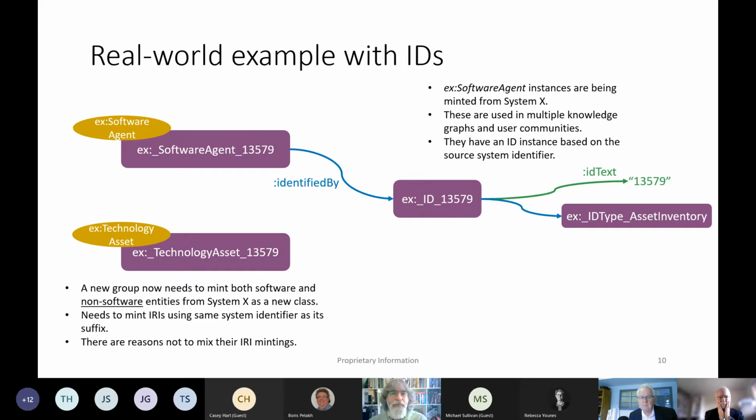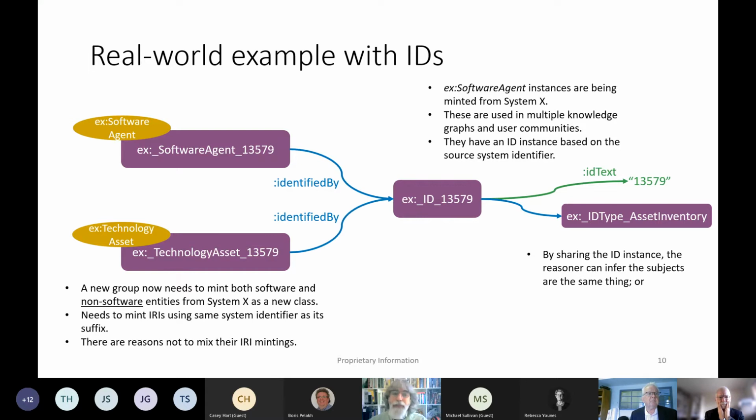Are we creating problems? Are there going to be collisions? Is this going to be an issue? And it turns out not really, because we can associate that identifier, that ID instance, with this newly minted technology asset.